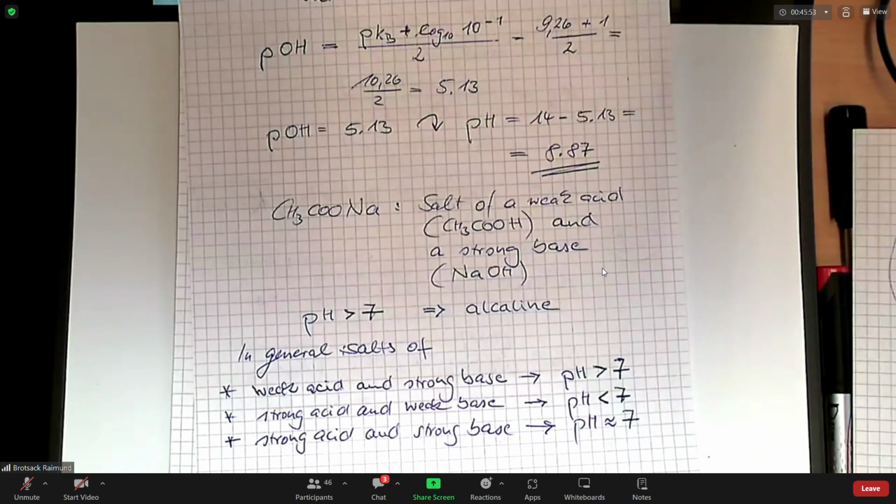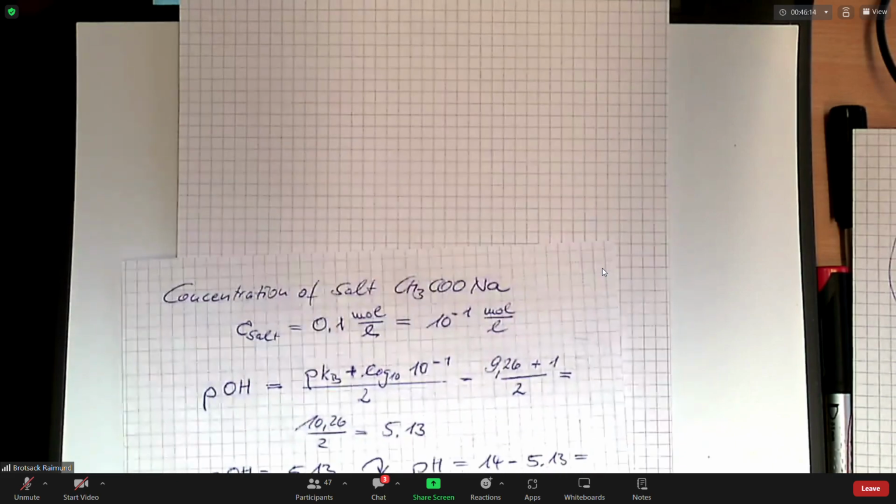Well, we need an alkali for the neutralization. And we can do that drop-wise, adding drop by drop to a solution of an acid. We know how this procedure is named? Titration. Very good. So let's do a titration.